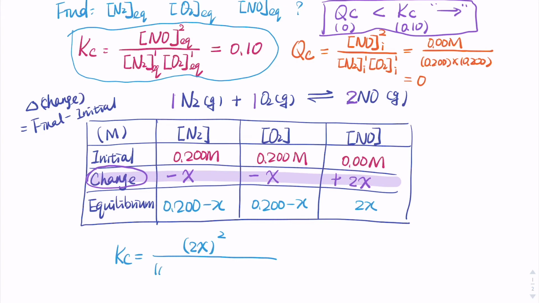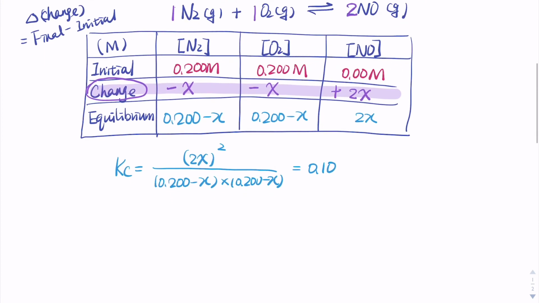On the denominator, you have (0.2 minus x) times (0.2 minus x), equals 0.1. From here we'll just be solving this equation.